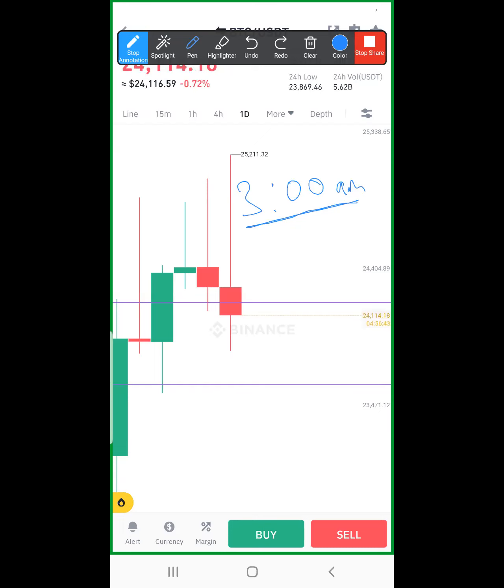That's when the day opens and the day closes. So it's something like 4 hours from now, we shall get a close, and then we know what has happened today.